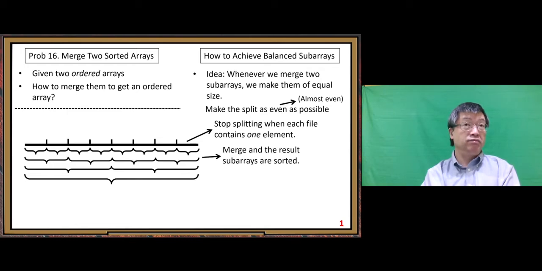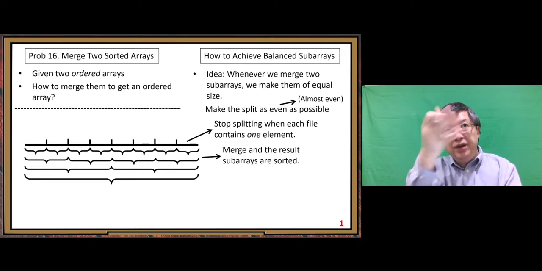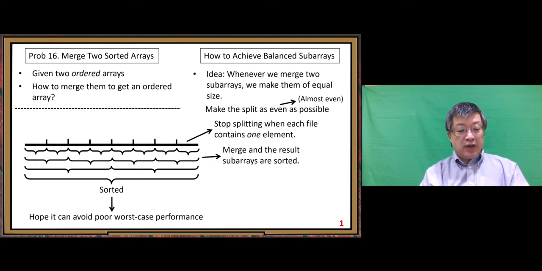Think about it. It's quite different from all our old sorting algorithms. It's a completely new sorting algorithm. After we get that, we hope it can avoid poor case performance.